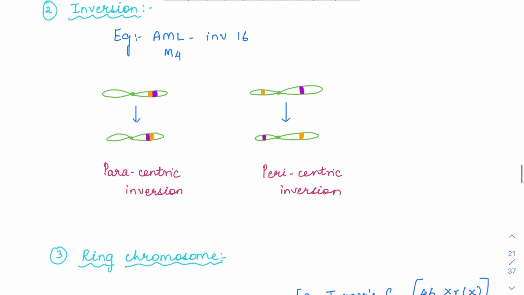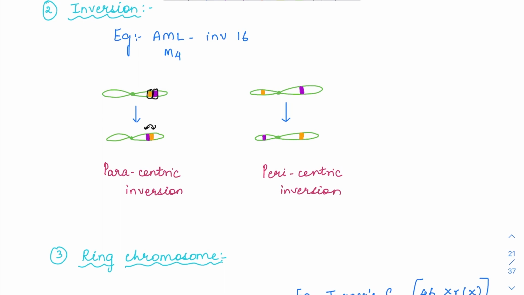The second structural defect will be an inversion. Inversion in the sense that a segment of the chromosome is going to have an inverted sequence. So suppose in this chromosome, this orange part is there and this violet part is there. If it happens on the same arm of the chromosome, just this violet had come this side and the orange had gone this side, so the sequence has just reversed like this.